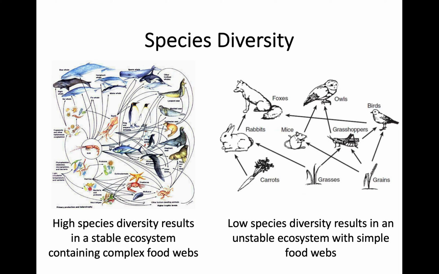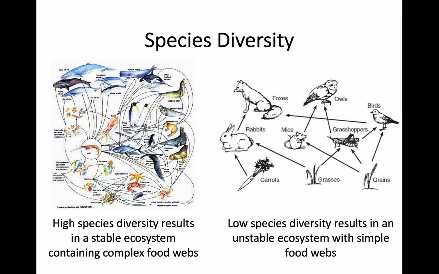Now, the reason for this is if we look at food webs, which you may remember from National 5. If you look at high species diversity, then what would happen is you would have a stable ecosystem, which would have complex food webs. So you can see this food web here. My head hurts just even looking at it, but you can tell there's a lot of different interactions between these different organisms.